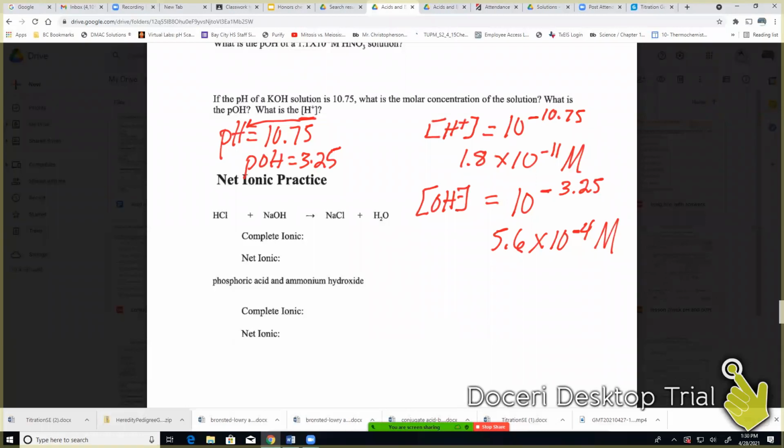So those four things are related. If I know one, and you could add in there whether it's an acid or a base, you can figure out all the other ones using these little formulas that just go in your calculator.